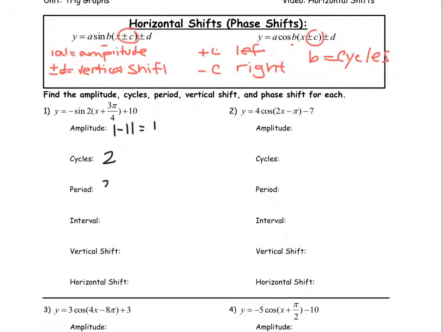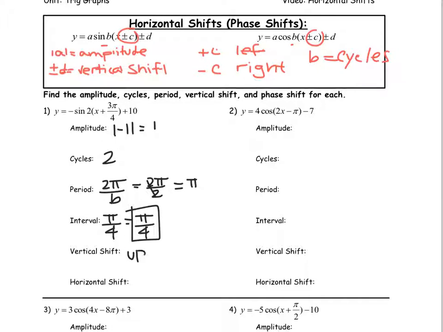The period is defined as 2 pi over b, where b is the number of cycles. So 2 pi over 2, which is pi. Interval is period over 4, which is pi over 4. Vertical shift is outside the parentheses, so that's plus 10, so it goes up 10.